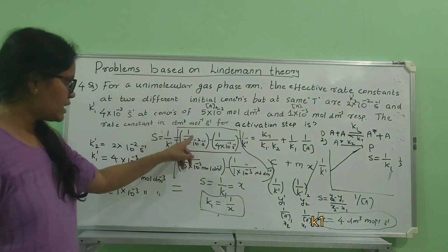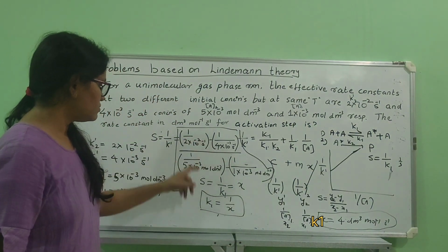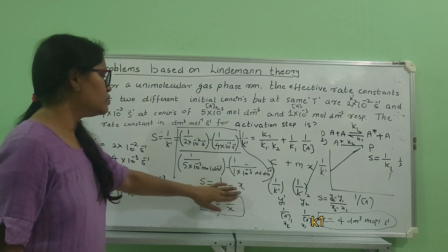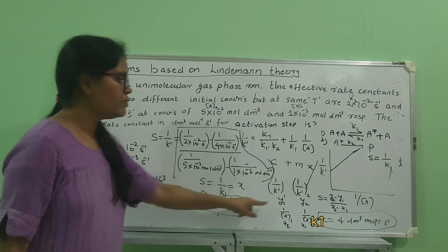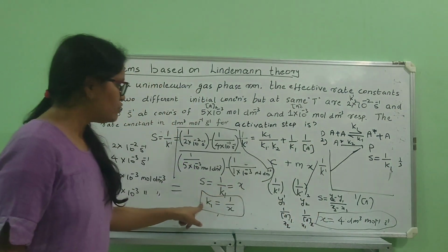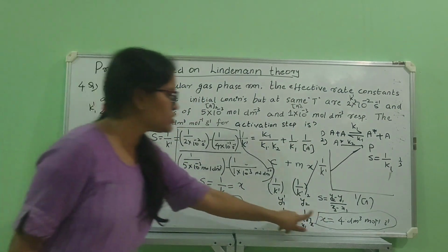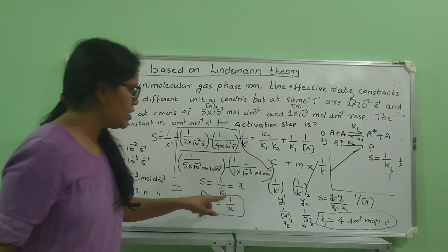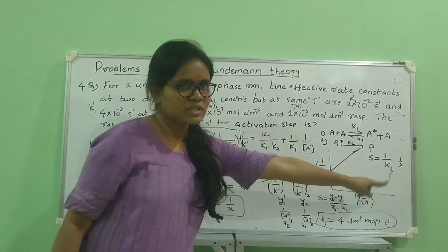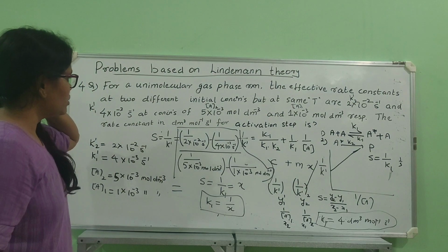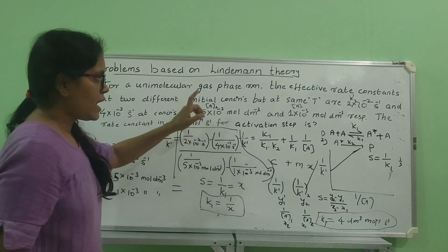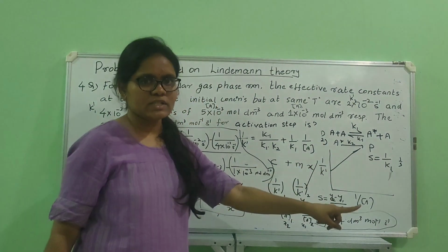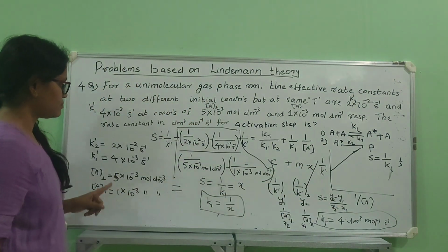So if you do this calculation, you'll get some value, and if you take the inverse of that value, you will get the value for k1. Okay, so this is not x, this is k1. So k1 will be 4 decimeter cube mole inverse second inverse. You can do it by yourself, and if you have any problem or if the answer is wrong, please let me know in the comment section.